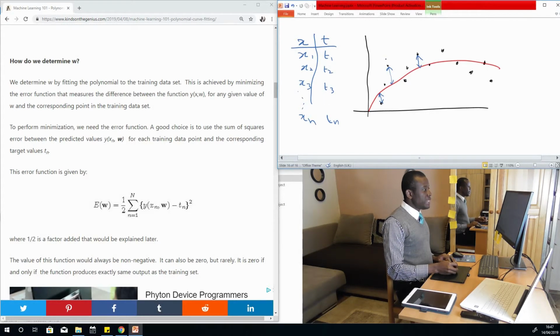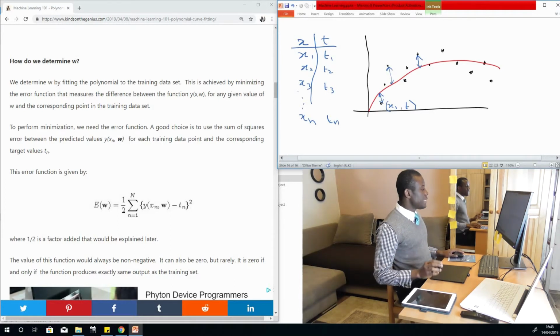So actually, this point here is supposed to be (x1, t1), right? But we calculated y(x, w). So it means that there is a difference between the actual value tn and the value we calculated. So we'll come to that a little later.